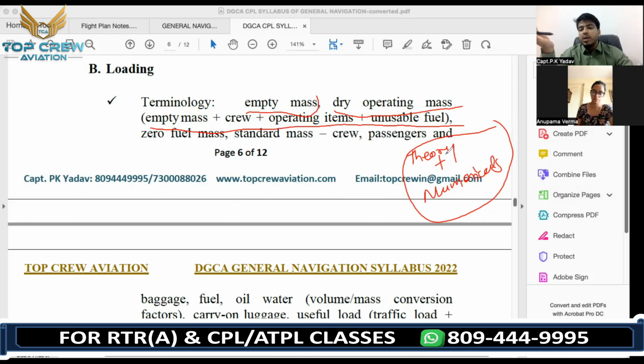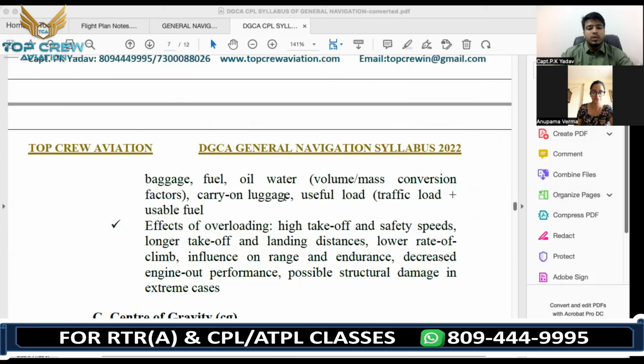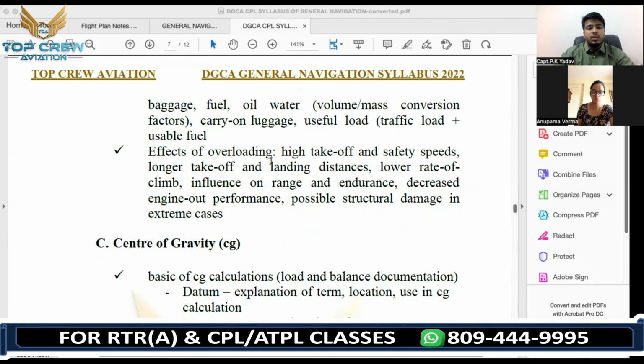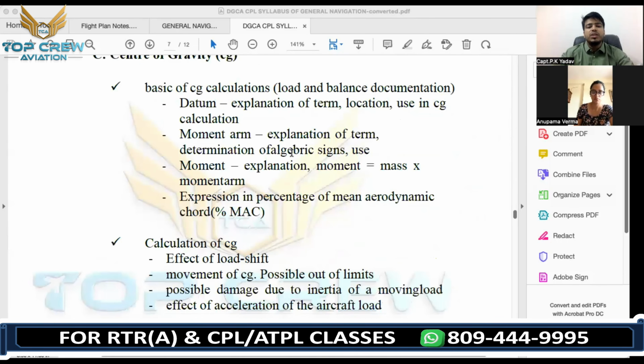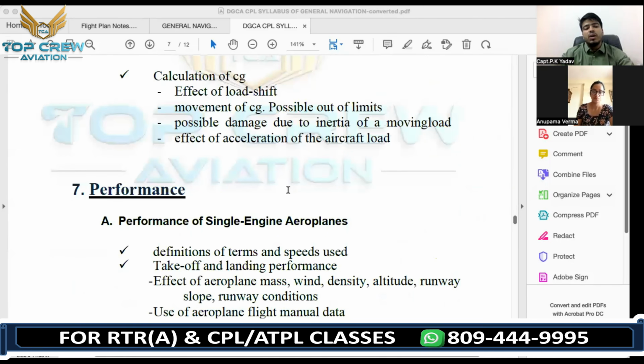What is empty mass? You will get the MCQ questions, and if you know the correct definition, you have to choose the correct option. Then same thing, then CG, moment arm, datum, moment, these all the definitions which we would cover.